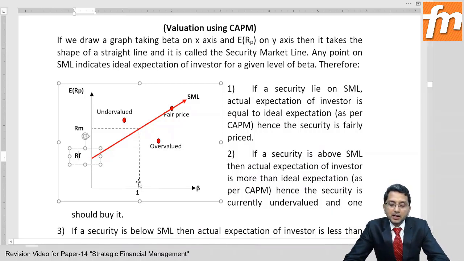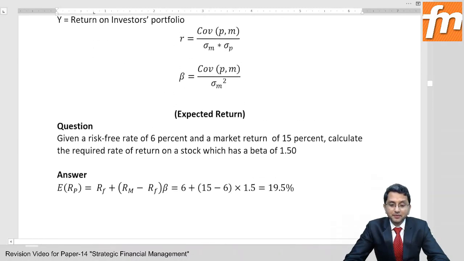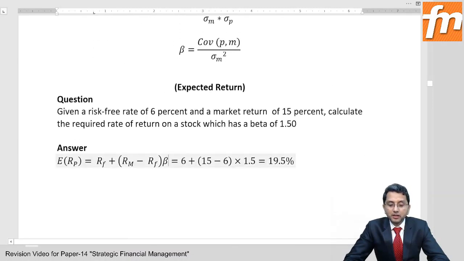And if beta is equal to 1, then your expectation will be equal to the market rate of return. Don't believe it? Look at this formula. If I put here beta equal to 1, then multiplying by 1 doesn't make any difference. This RF and RF will be cancelled, and I'll be left with RM.